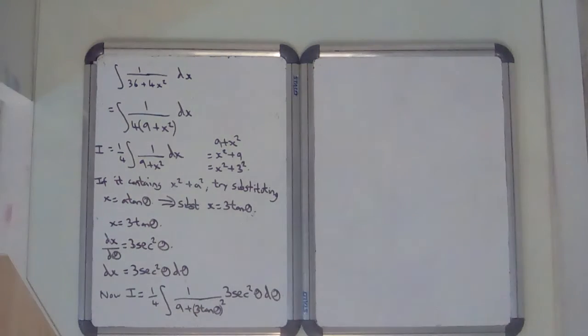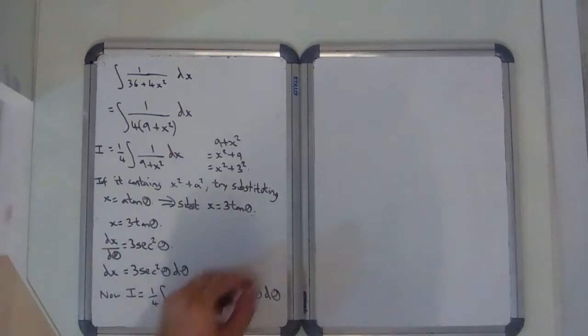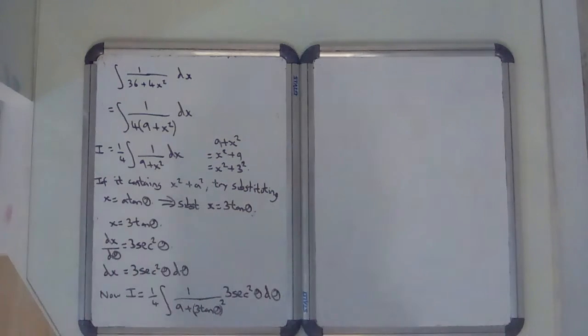So looking at that, there's nothing obviously that we can do. In some of these simple substitutions you can straight away just cancel things. There's nothing that we can do yet.